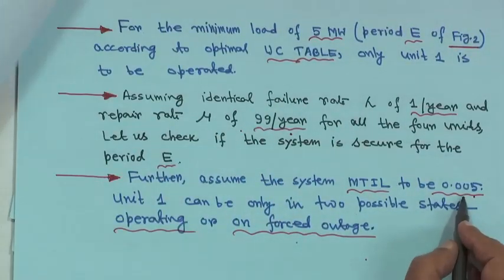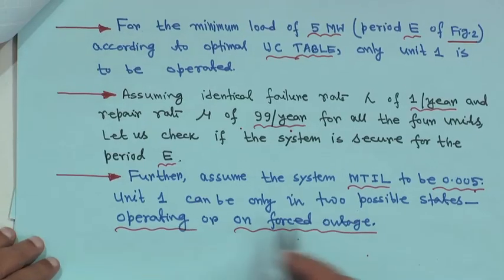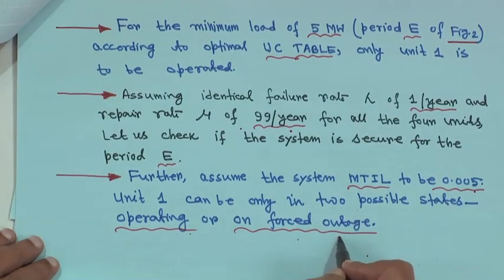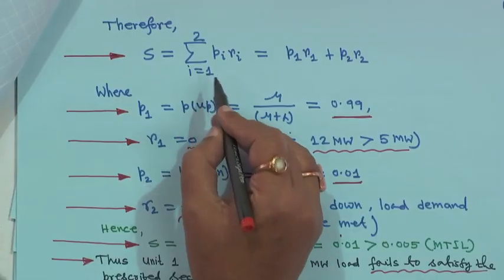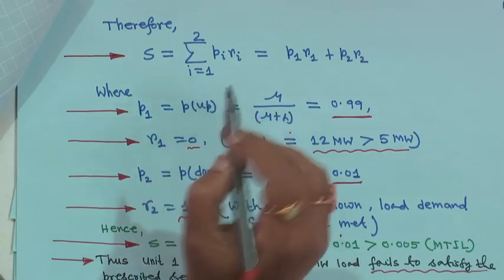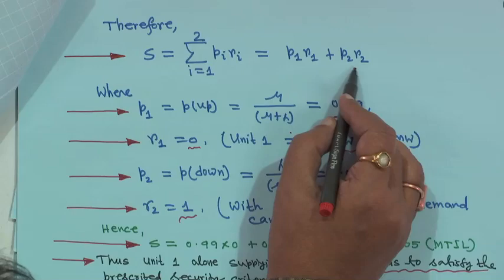This data is given and you have to check S equal to sum of P_i R_i. Unit 1 can be in only 2 possible states, either operating or on forced outage. Forced outage means the 5 megawatt load cannot be supplied because all the units are off. So we have to check for 2 states, i equal to 1 to 2, sum of P_i R_i equal to P1 R1 plus P2 R2.